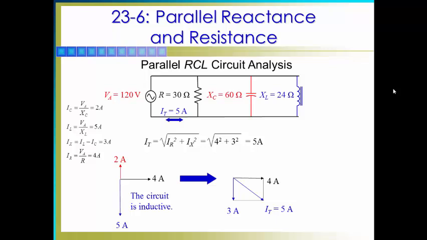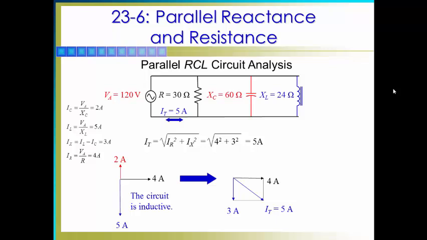So if we analyze this little parallel circuit here, which consists of an AC source of 120 volts, a resistor of 30 ohms, a capacitive reactance of 60 ohms, and an inductive reactance of 24 ohms. Here we can figure out the current in each branch because they have 120 volts applied across all parallel components. So 120 volts divided by 30 ohms gives me 4 amps for the resistive current.